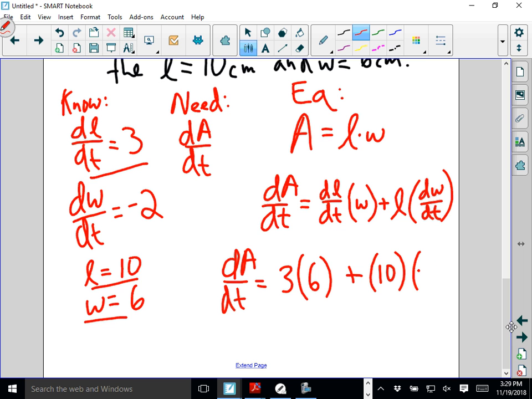Simplifying this out, I get 18 minus 20 equals negative 2.